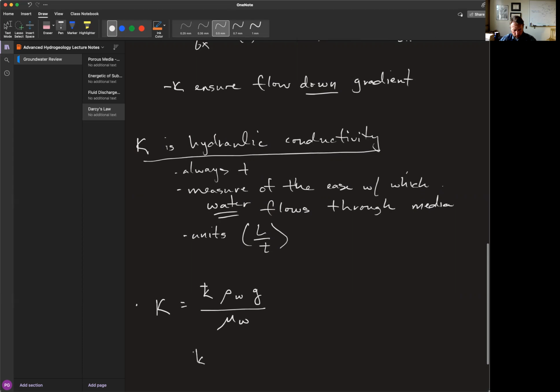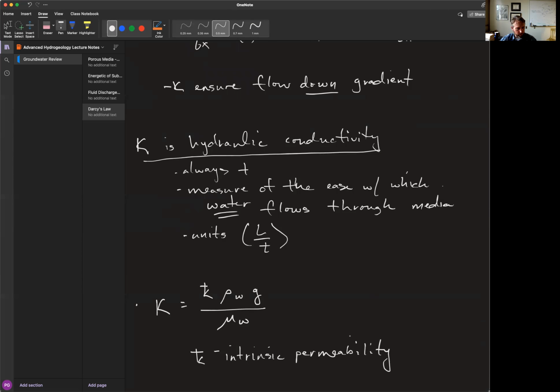So little k, and I put the cross through here just to be able to distinguish between big K and little k, is the intrinsic permeability of the rock. Oftentimes we just refer to it as permeability.